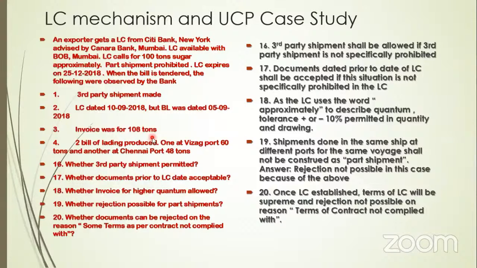Because when it's expressed in quantum or weight, they will use the word approximately or not exceeding. Not exceeding means plus or minus 5%. Approximately means plus or minus 10%. Maximum tolerance under UCP rule is plus or minus 10%. That also they have asked one year. Agreed or not? This needs a little background.